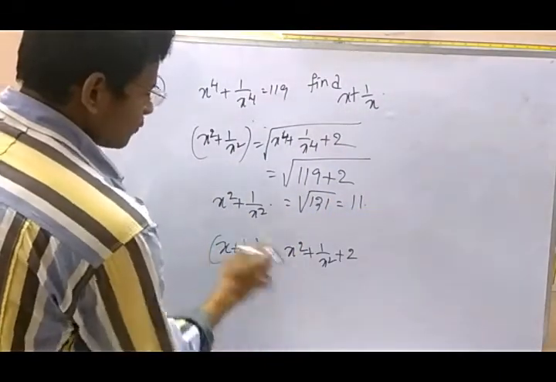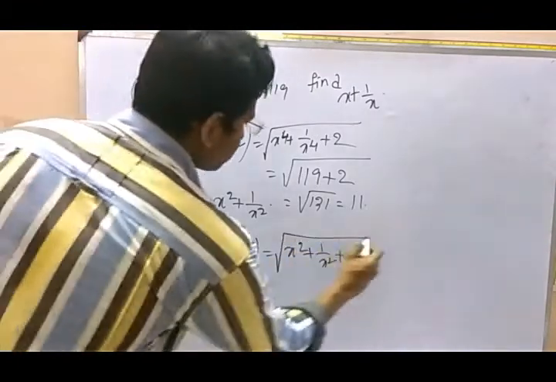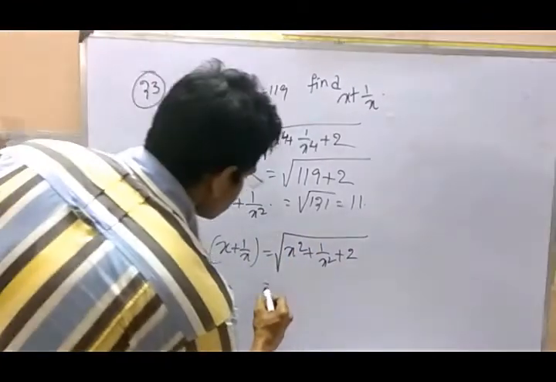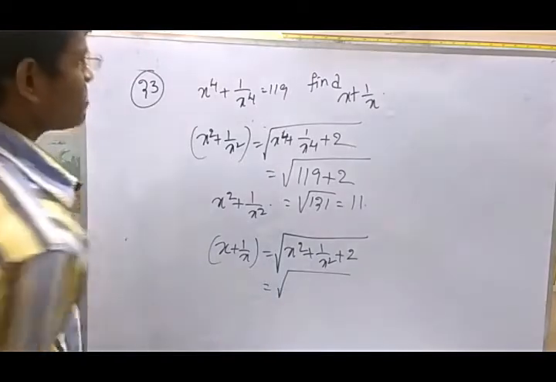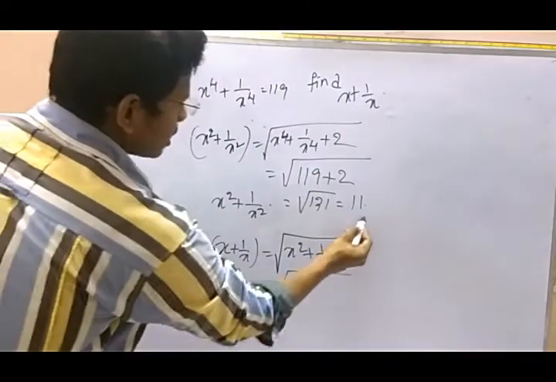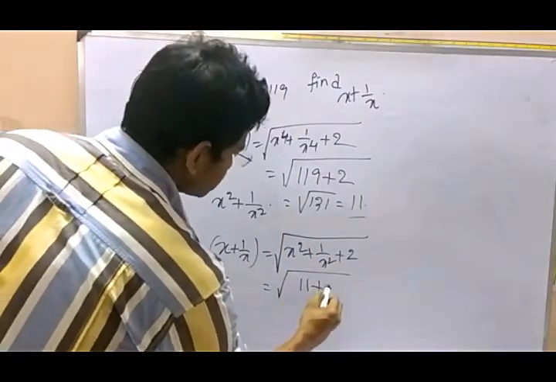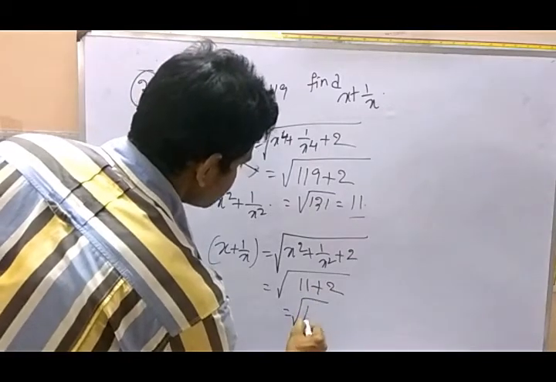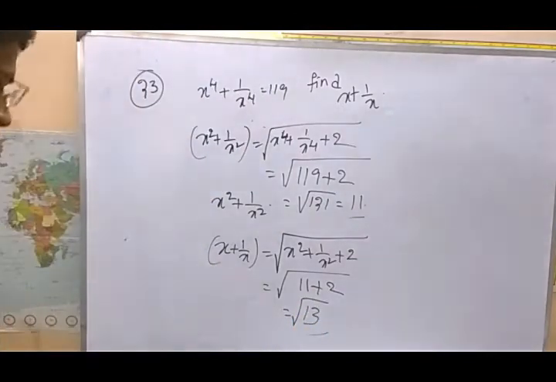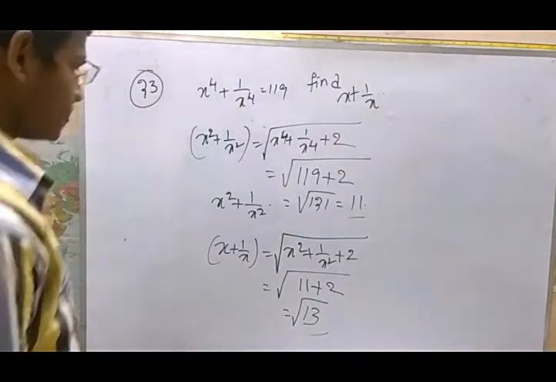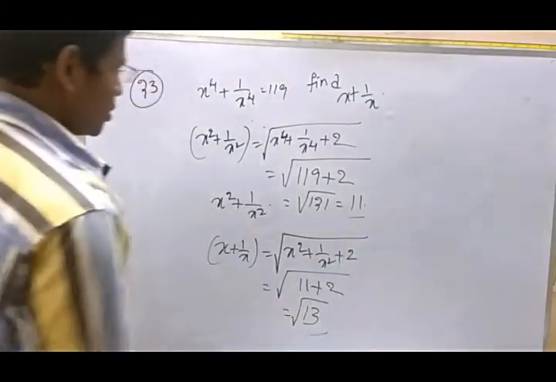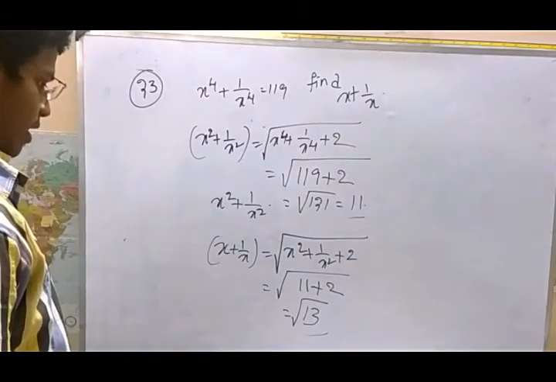This 2 will go to the right side and become a square root. So root of x square plus 1 by x square is 11. 11 plus 2, what is 11 plus 2? Root 13.